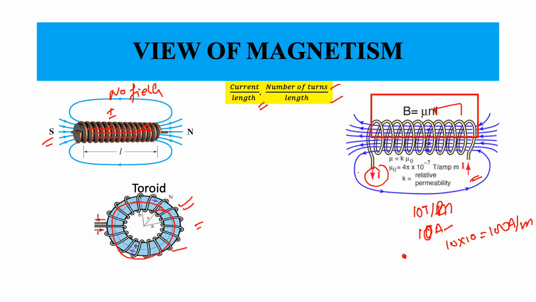So for an infinitely long solenoid, if you are at any point, there would be a contribution of magnetic field from one half, and there will be an equal contribution of magnetic field from the other half.